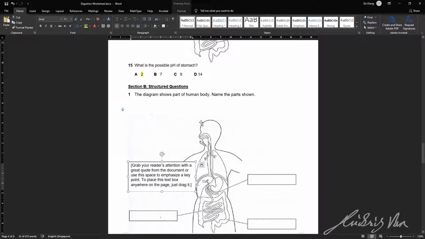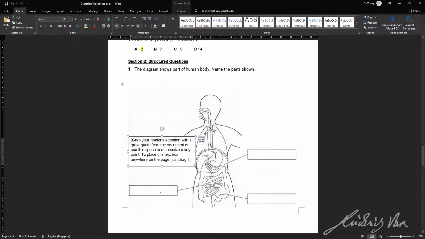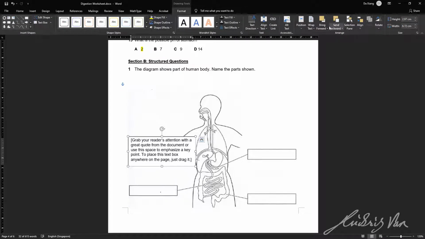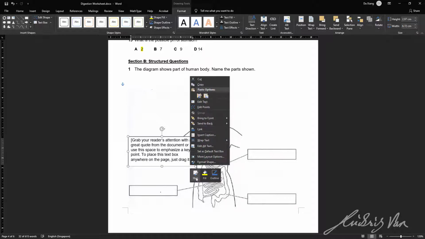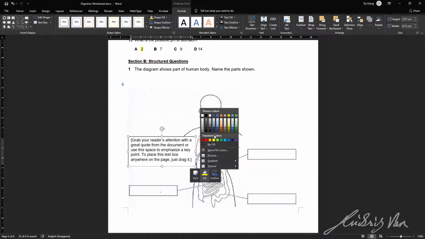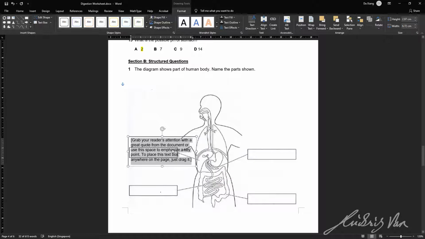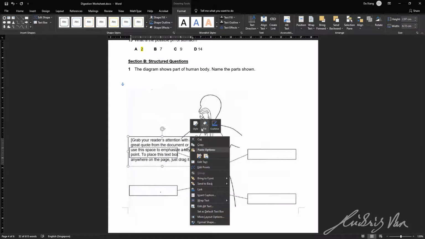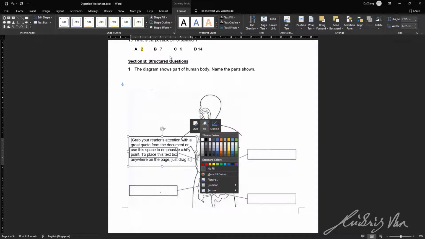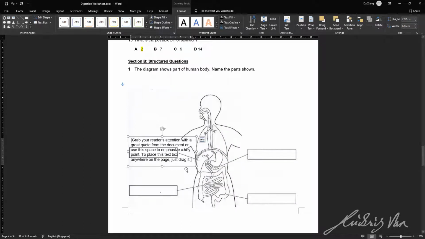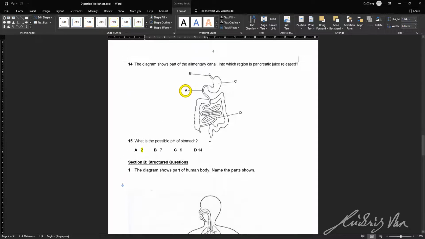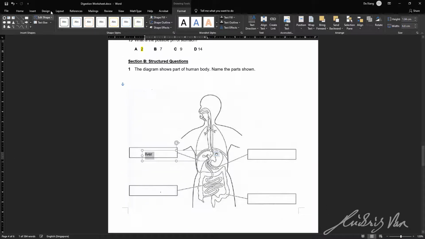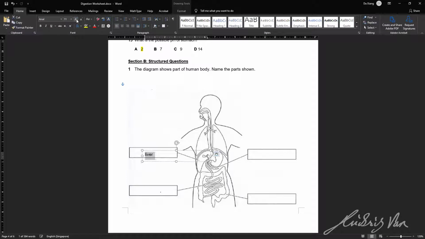So you can see why I use gem, because gem is a lot easier for you to write rather than a Word document. Okay, so let's make it transparent. And also, can I make the outline disappear? Okay, no outline. Alright, so this one is the liver. Let me just make the font bigger.